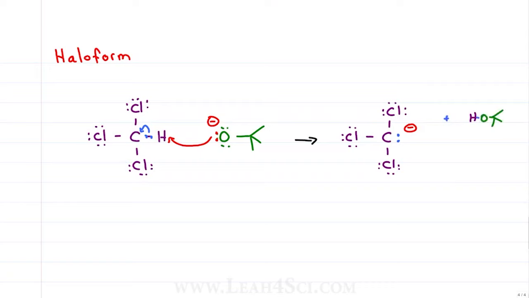Even though it has a complete octet, it has a negative charge. The negative charge is stabilized by the highly electronegative halogens, in this case chlorine, via the inductive effect. So much so that one of the chlorines ultimately gets so excited to the point where it completely takes away the bonding electrons and breaks away from the molecule.